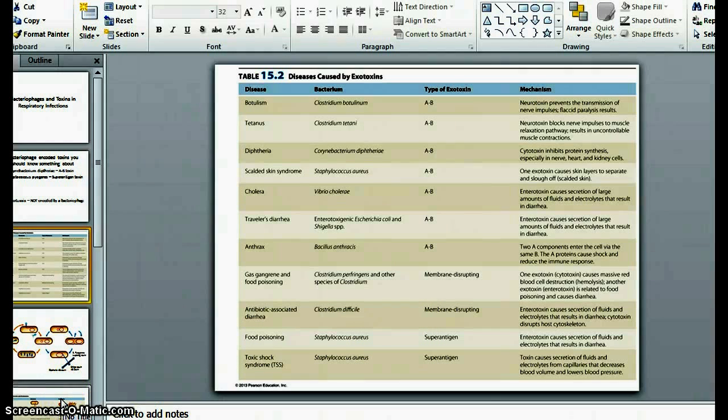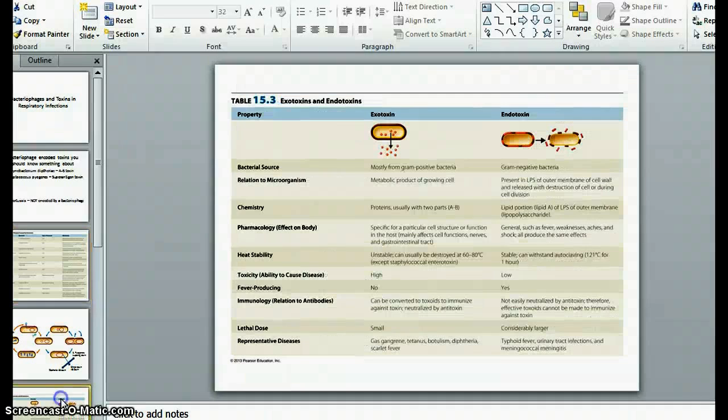The only other thing, this came up in the grotto on Friday, exotoxin versus endotoxin. People were trying to figure out whether or not tracheal cytotoxin is an exotoxin or an endotoxin.